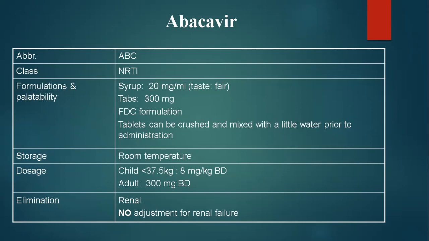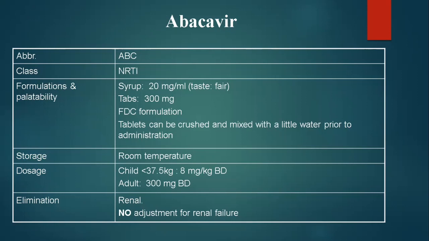Here, the presentation of this drug is mostly 300 milligrams. The dosage is 8 milligrams per kg BD for children that are less than 37.5 kg, but in adults we give 300 milligrams BD of this drug.